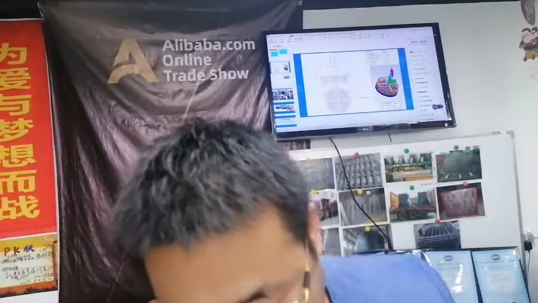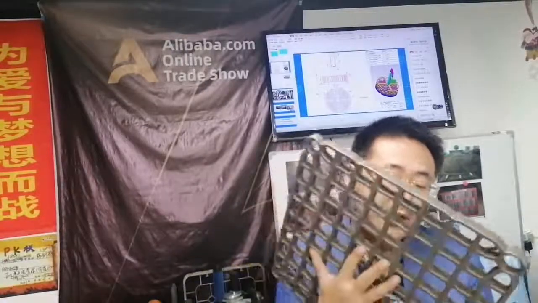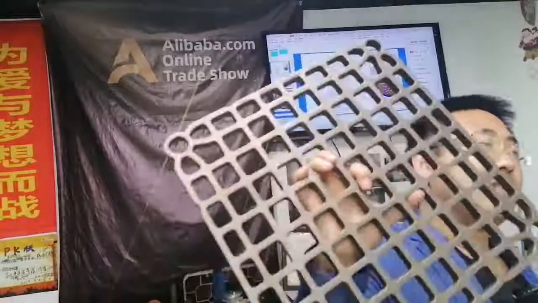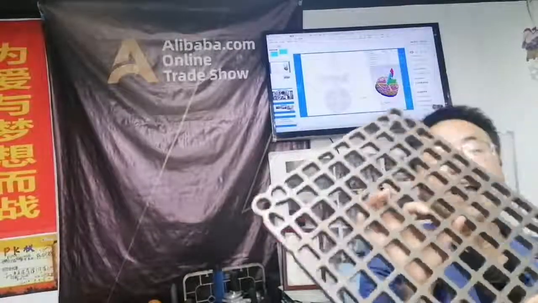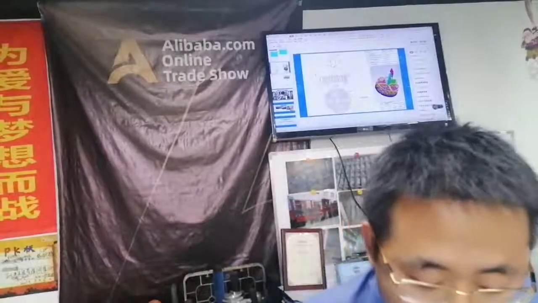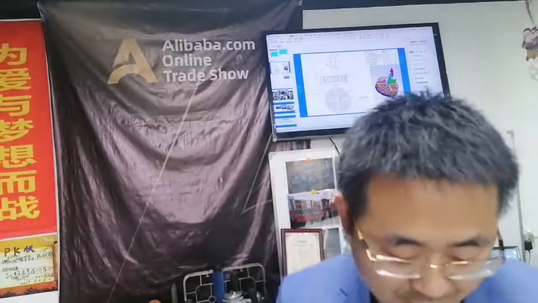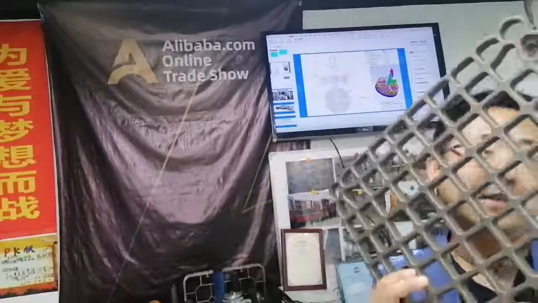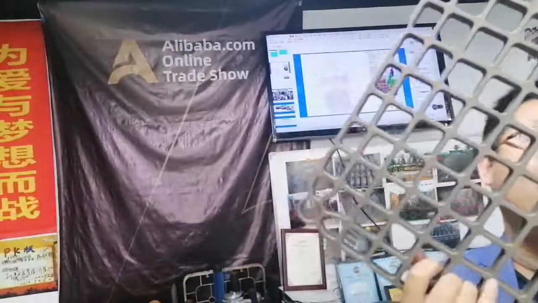And about this tray, we used the process as the last was process, and then can do the thickness about 6 millimeter, and if the size is less than 6 millimeter, that is difficult to cast.